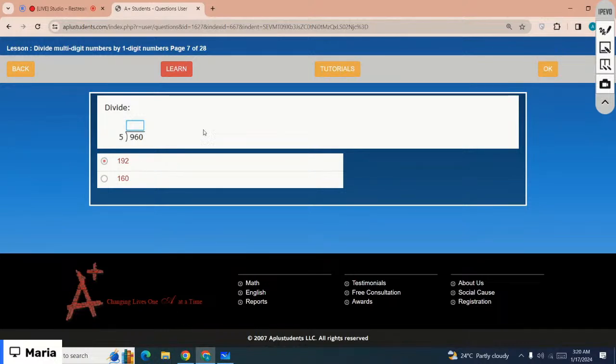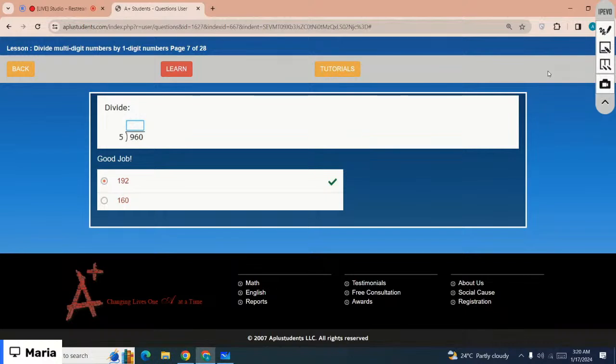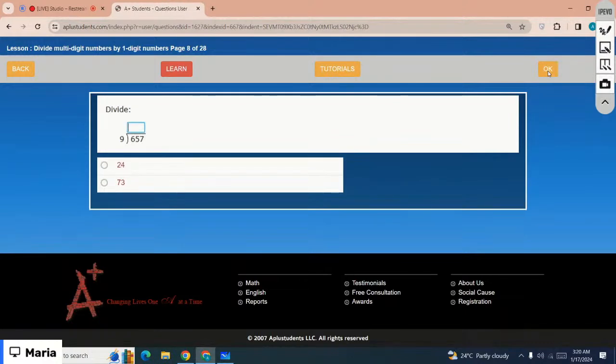The correct option is 192. Very good. Okay, the next one is 657 divided by 9, which is the correct option.